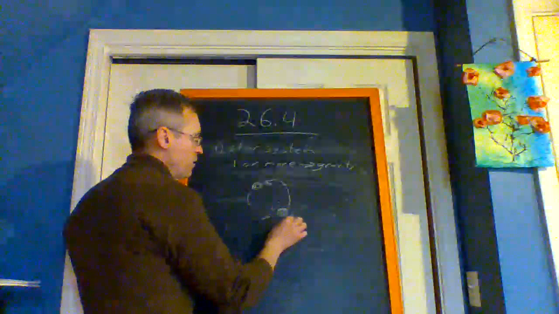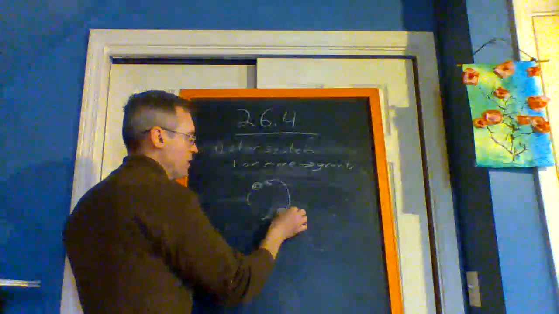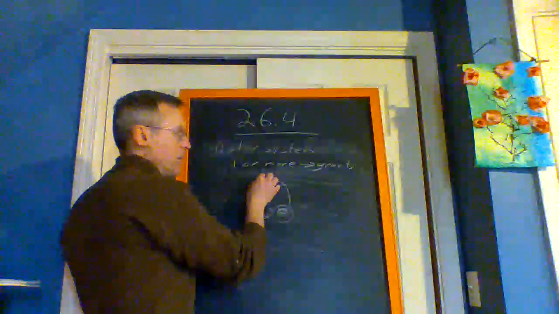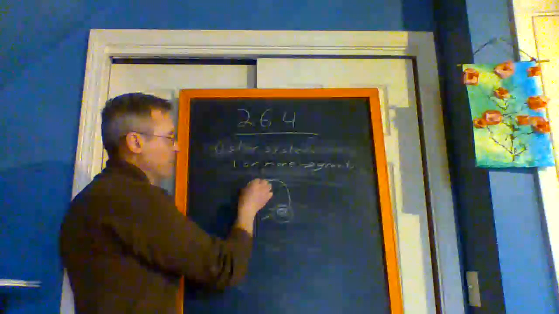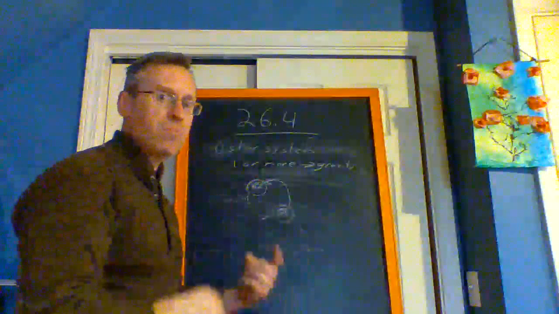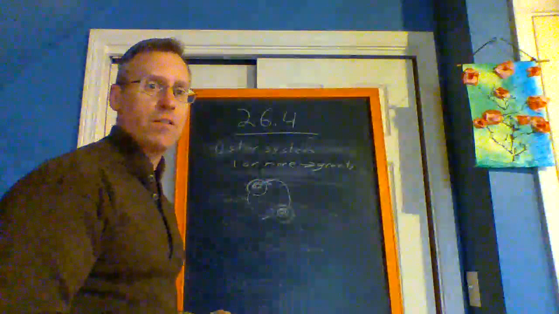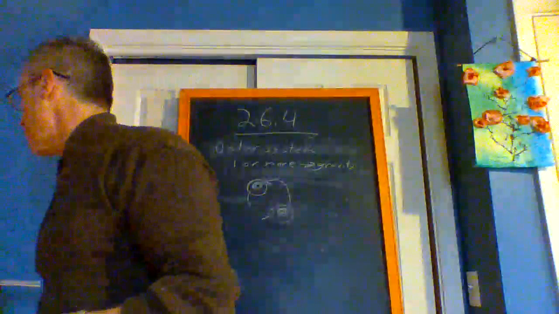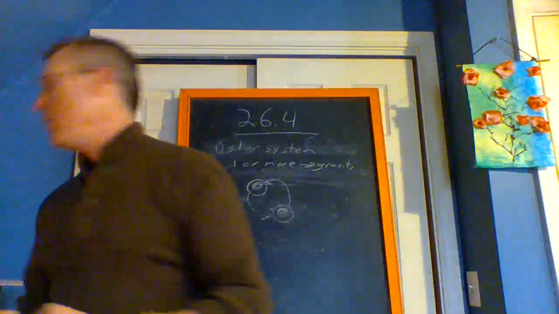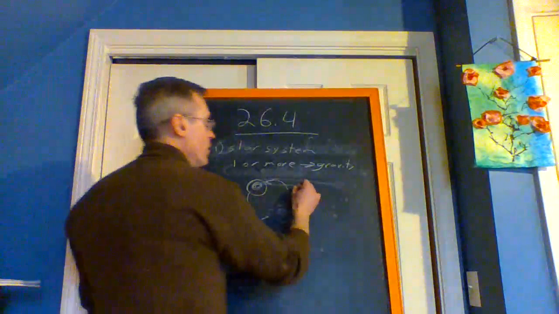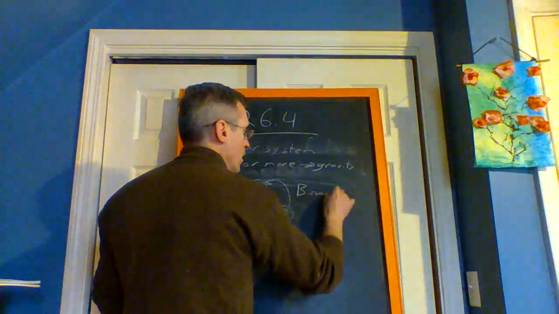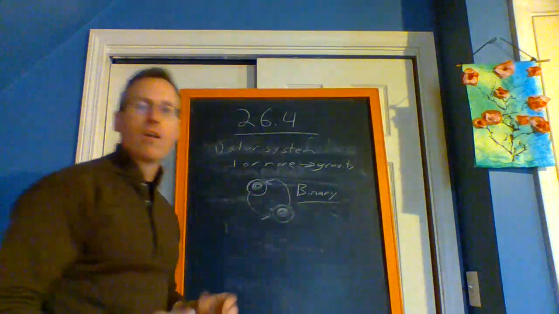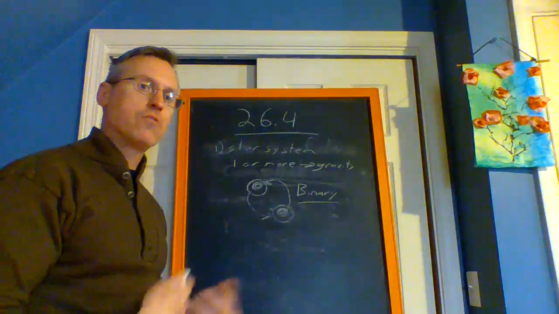They may have planets, like this star right here may have a planet that goes around it, and this star may have another planet that goes around it, as they revolve around each other. When you have two together, we say that this is a binary system. You could also have three stars, and that would be called a trinary system.